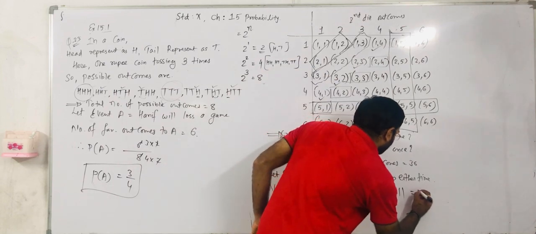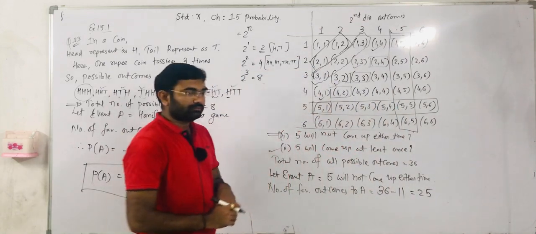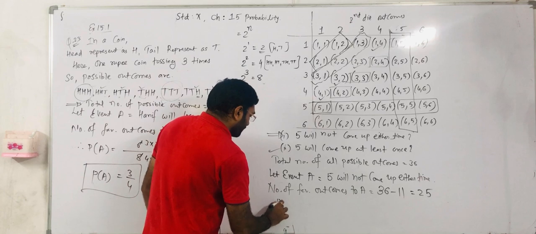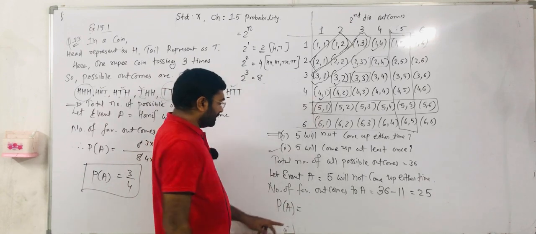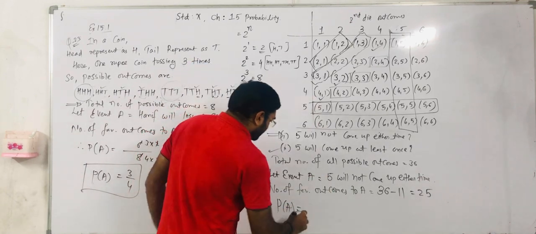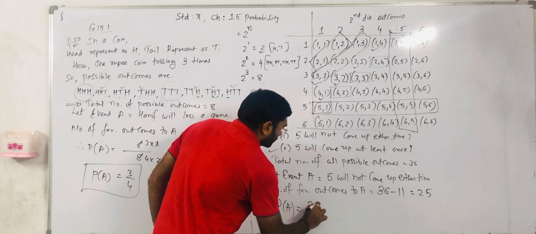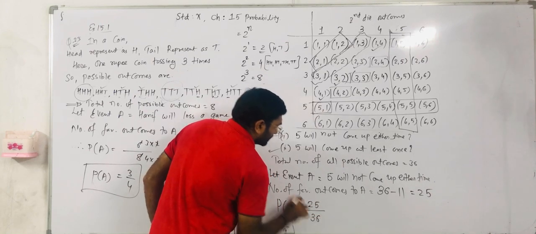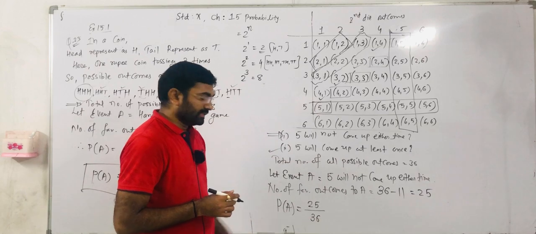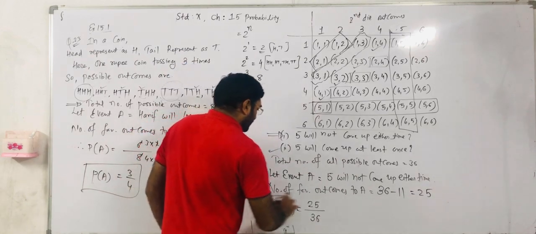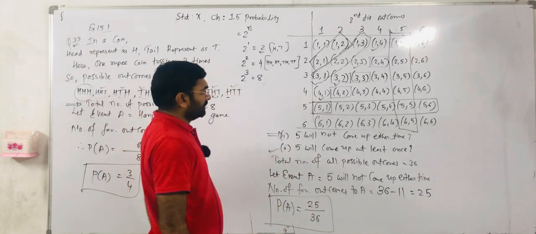Right? So we get 25. So the favorable outcomes are 25. So the probability of the event that 5 will not come up either time is 25 over 36. Right? So this is the probability in which 5 will not come up either time.